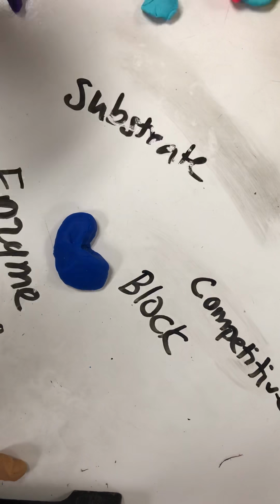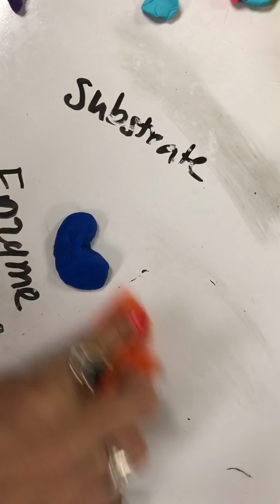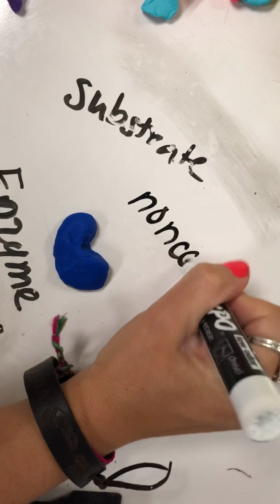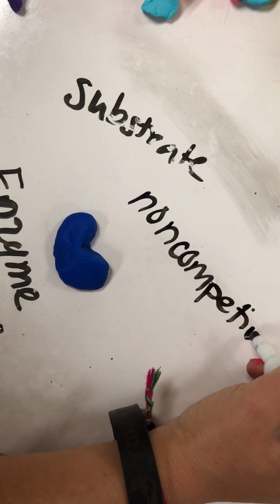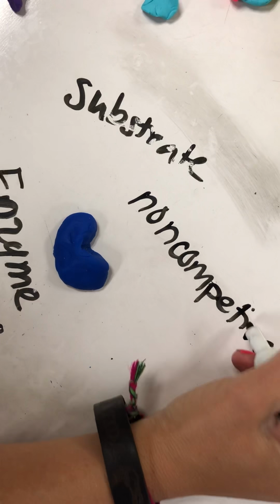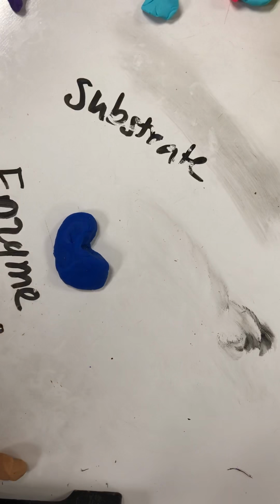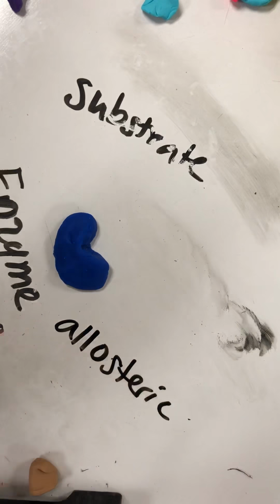Now, another type of inhibitor that also blocks is a non-competitive inhibitor. A non-competitive inhibitor is going to actually change the shape of the enzyme. So it's going to attach to an allosteric site.